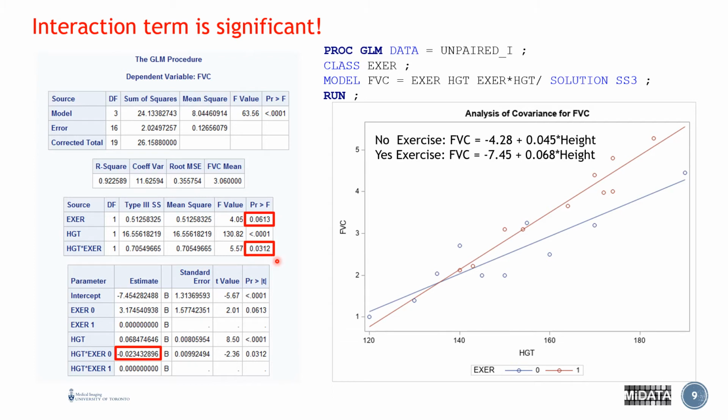What does that mean? It means that the relationship of height with FVC is different if you exercise or you don't, or if you had previous exercise or you didn't. And so now that's important. These slopes are significantly different from each other. So that's an important finding.